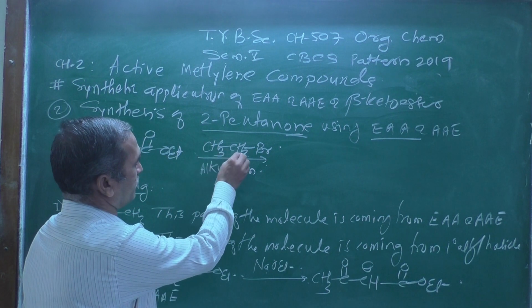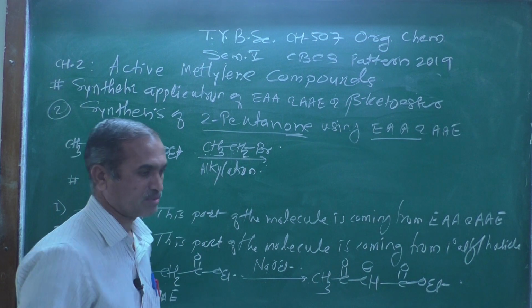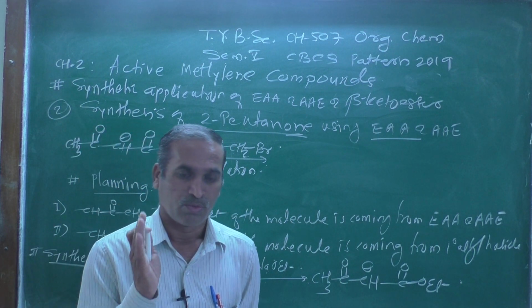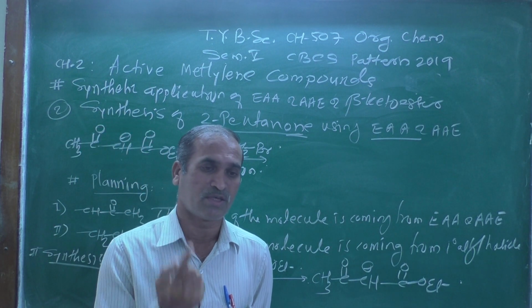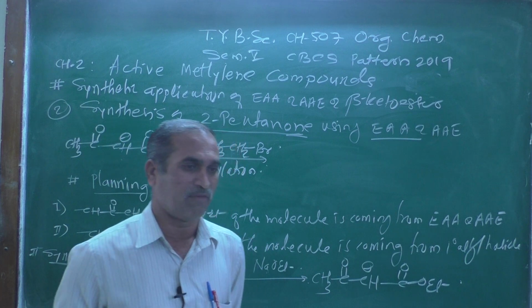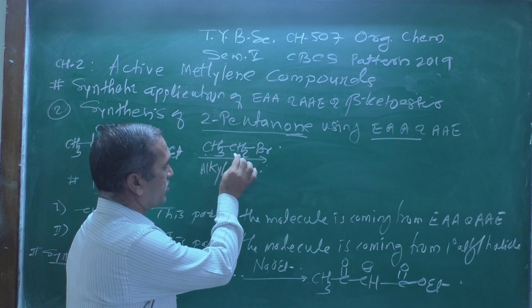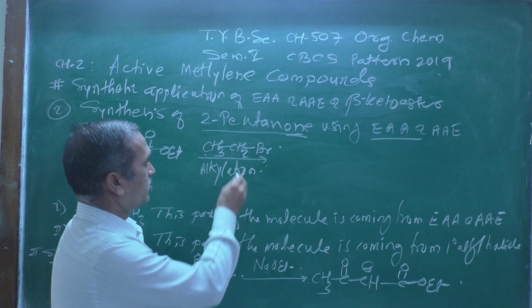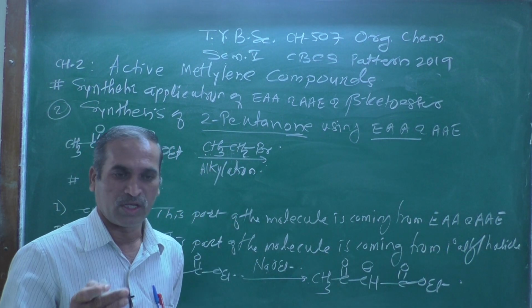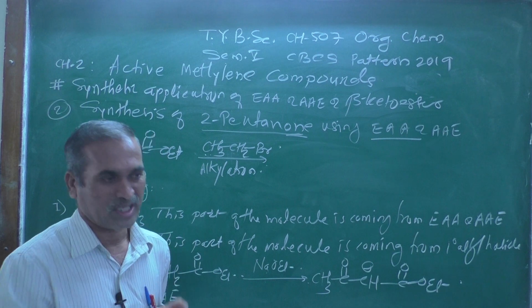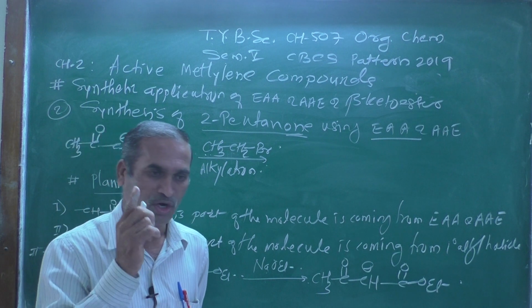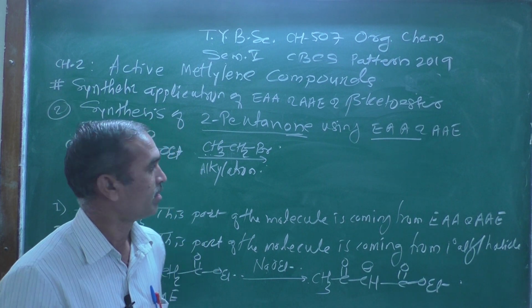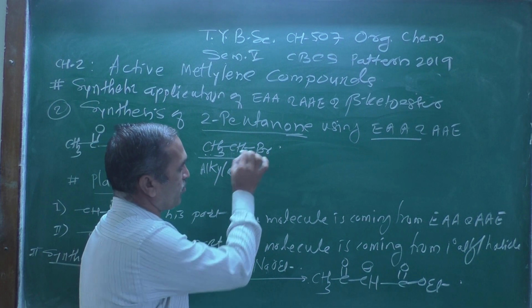So here there are two carbon atoms. What do you think, which one is more electronegative in nature, either this CH2 or CH3? Yes, this CH2 is more electropositive in nature, an electron deficient center, because there is a bromine atom.